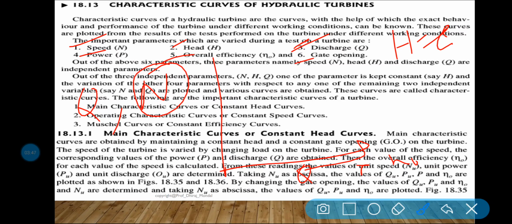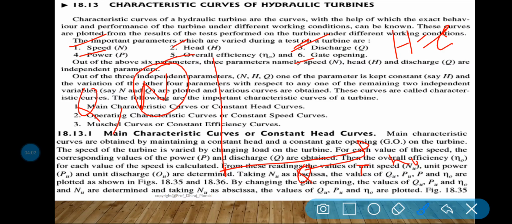Based on that characteristic curve, you can examine the behavior and performance of that particular turbine.